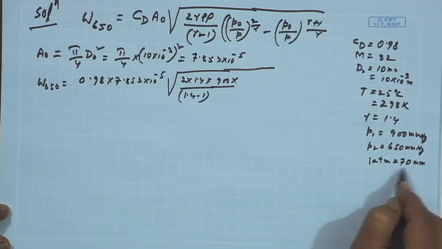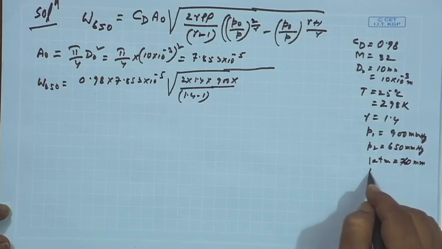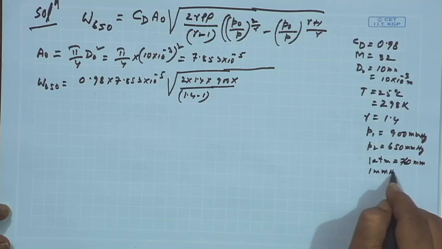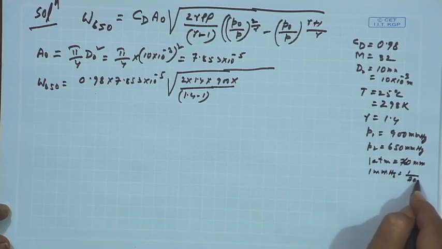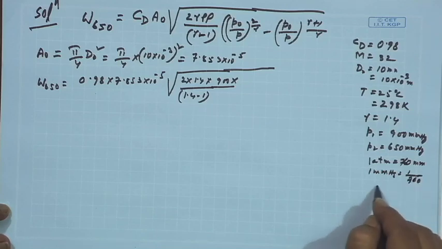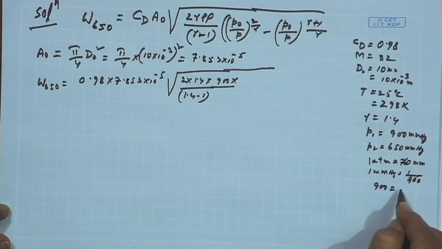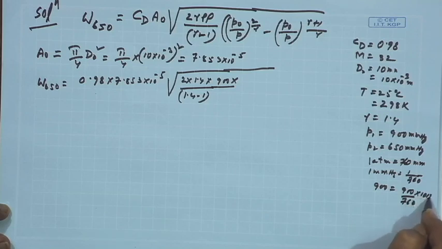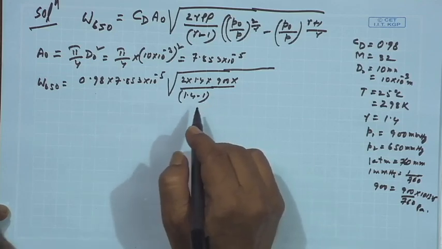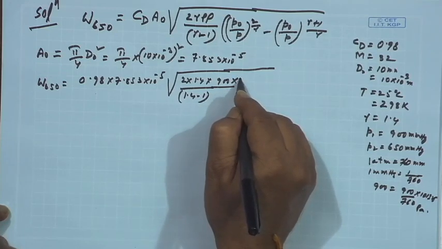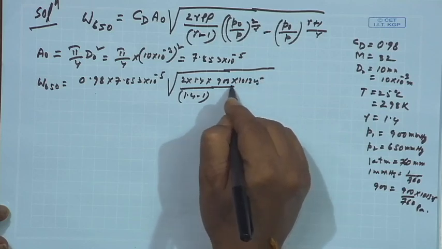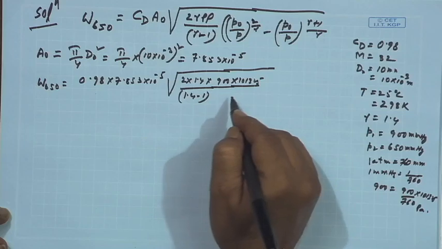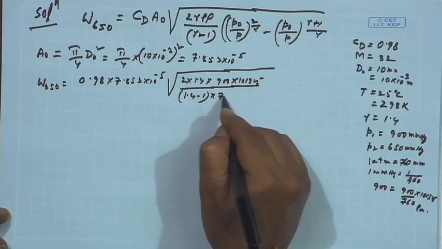Or 1 millimeter of mercury is 1 by 760 atmosphere, right? So 900 millimeter of mercury is equals to 900 divided by 760 into 101325 Pascal, right? So that should be written 900 into 101325 divided by 760.